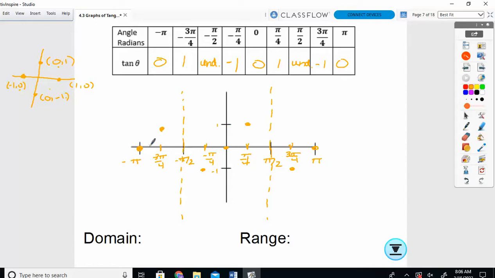If we think back to algebra, we know that at an asymptote, our graph is just approaching it without actually touching it. So our graph looks like this.